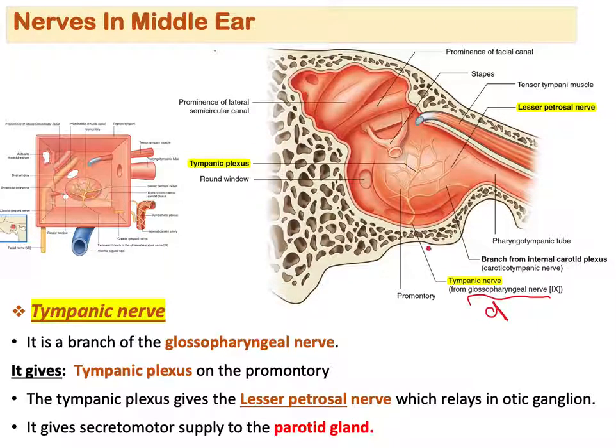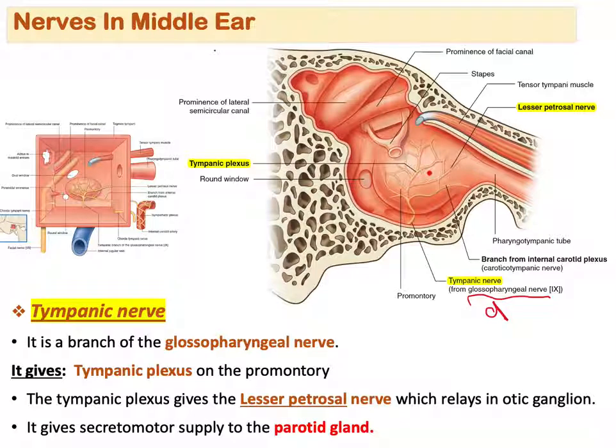Now, the tympanic nerve, as you see, of course, gets a branch from the internal carotid plexus, and they form the tympanic plexus. This plexus, of course, supplies the mucosa of the middle ear.